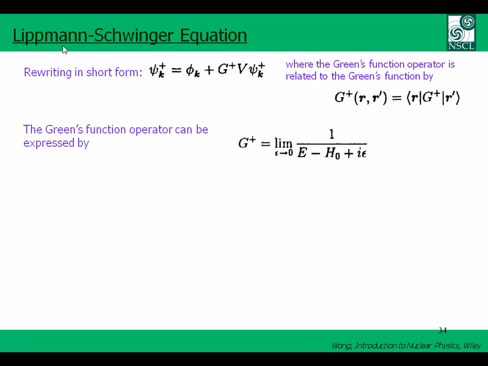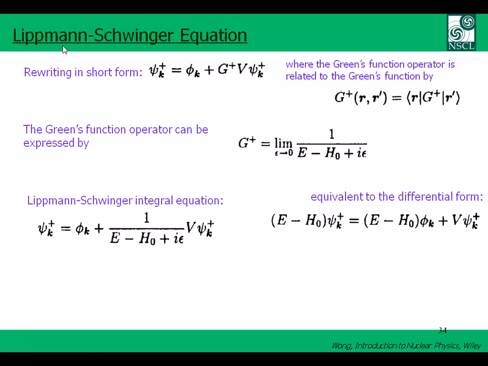What we did is actually work out this form in coordinate space. So I write side by side the integral versus the differential equation. The integral form of this equation is referred to as the Lippmann-Schwinger equation, and this one is referred to as the Schrödinger equation.